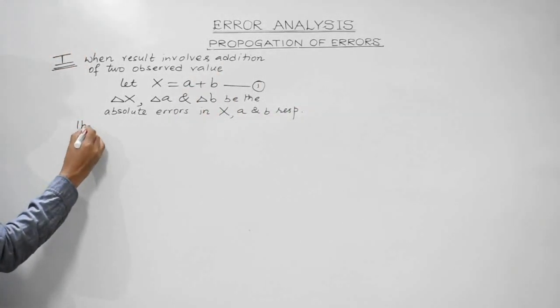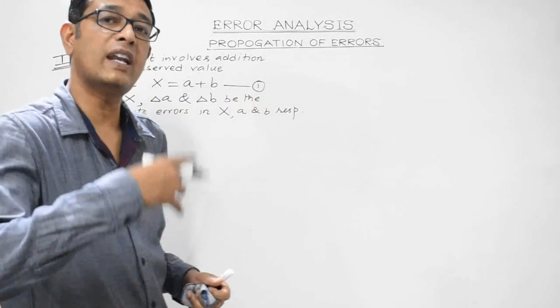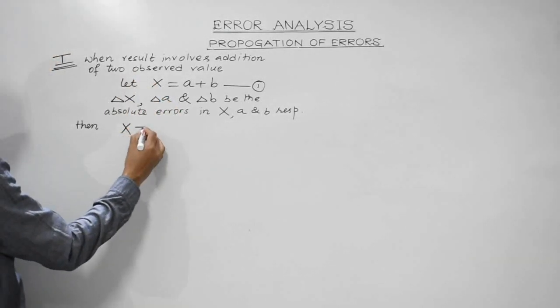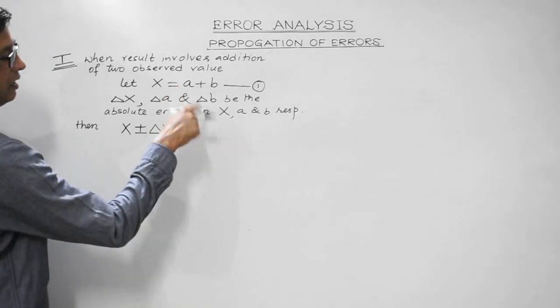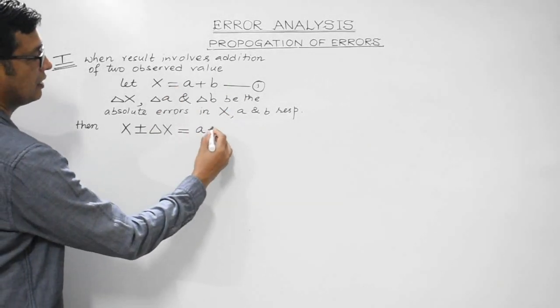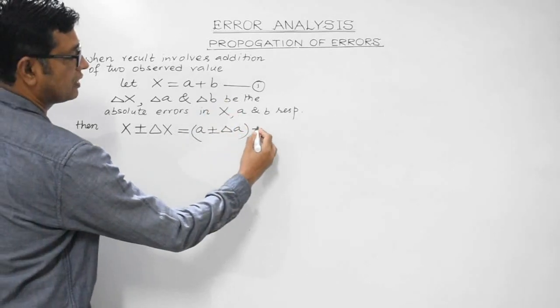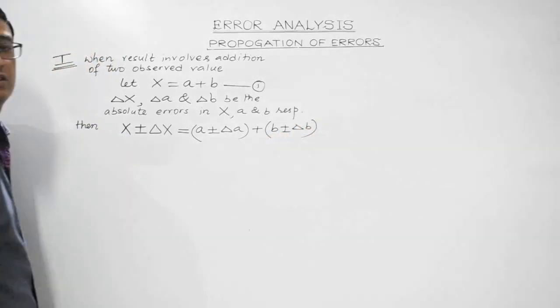Then obviously we can write equation 1 in terms of their absolute errors. X in terms of its absolute error may be represented as x plus minus del x, right? A may be represented as a plus minus del a, and b may be represented by b plus minus del b.